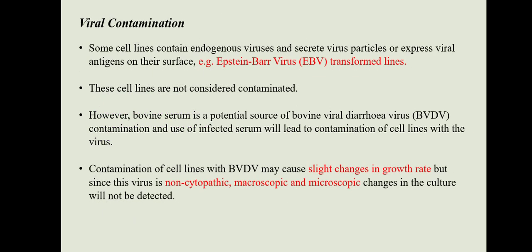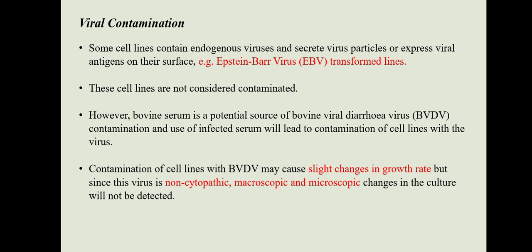Then third one is viral contamination. Some cell lines contain endogenous viruses and secrete virus particles or express viral antigens on their surface. Example is Epstein-Barr virus (EBV) transformed lines. These cell lines are not considered contaminated. However, bovine serum is a potential source of bovine viral diarrhea virus (BVDV).